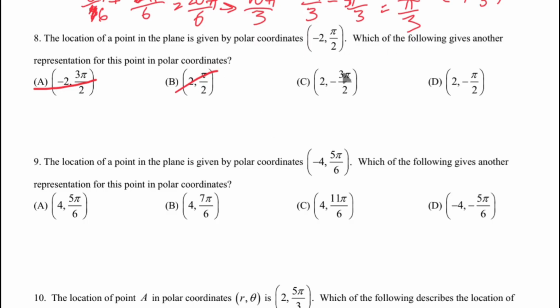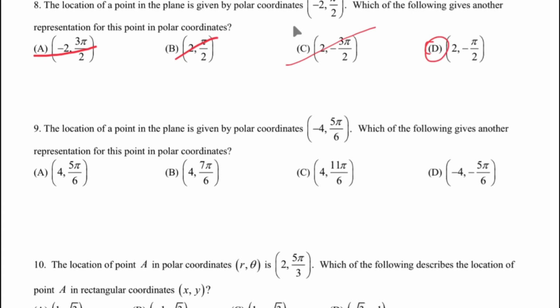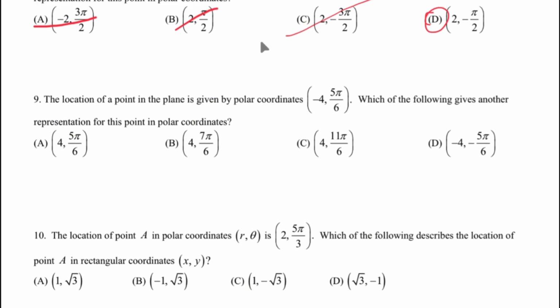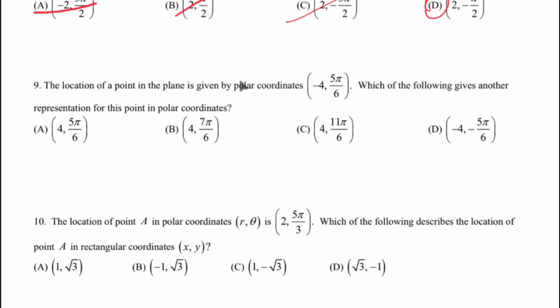C has -3 pi over 2. So if we think about it, 3 pi over 2 is there, so if we're going the other way, it ends up there. We didn't really do any math there, but yeah, it is a little easier if you memorize the main parts of the unit circle in quadrant 1. Memorizing quadrant 1 will help you memorize the rest.